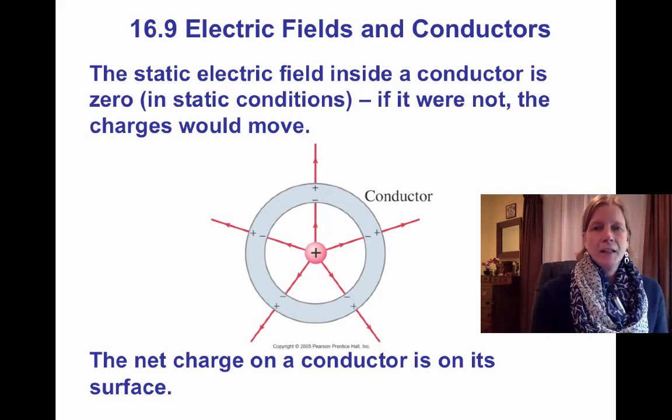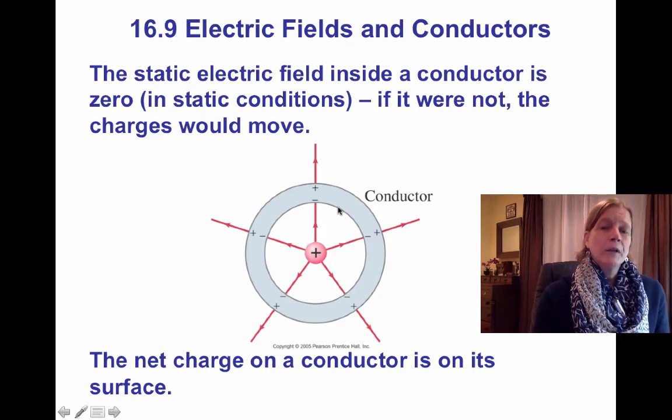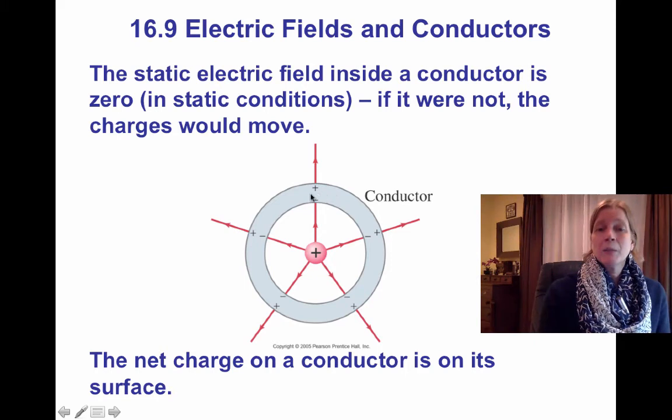If we have a static electric field, inside this conductor itself, inside this gray area, inside this metal washer, the static electric field is going to always be zero inside a conductor. If it weren't, if there were a net field here, this is a conductor. Electrons are free to move in a conductor.